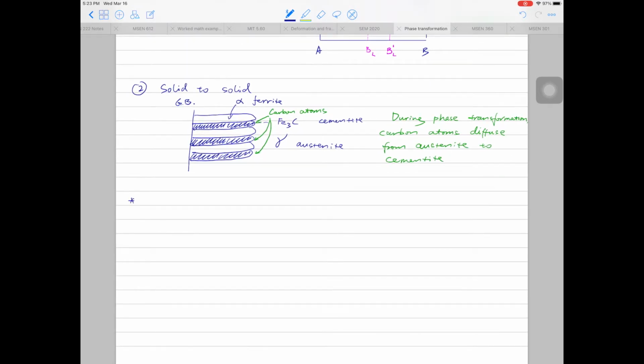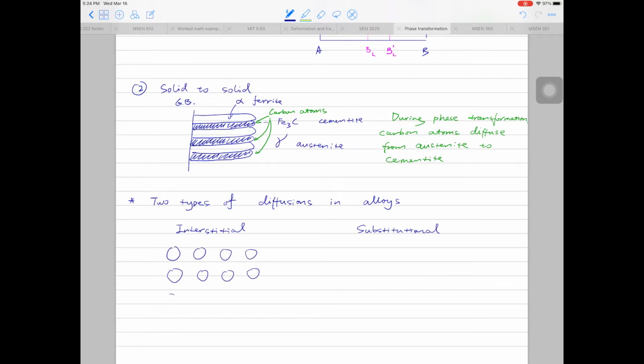After understanding the importance of diffusion in phase transformation, let's look at the types of diffusion. In general, there are two types. You have interstitial diffusion for interstitial solid solution and substitutional diffusion for substitutional solid solution. For interstitial diffusion, since the solute atom is much smaller compared to the host atoms, these atoms can easily diffuse in the lattice.